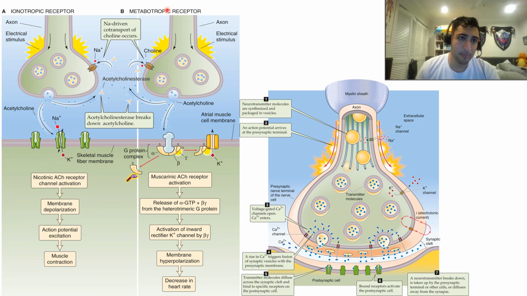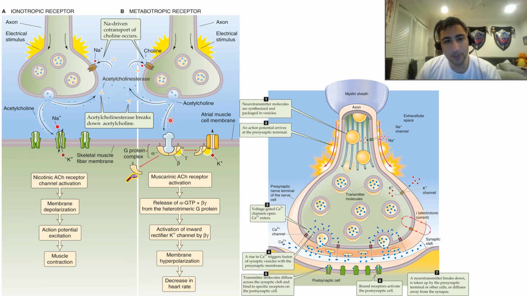Versus in a metabotropic receptor, you have your electric stimulus. The signal travels down the axon. You get release of the vesicle's contents into the synaptic cleft, and it binds to a receptor associated with a G protein complex, which leads to activation of the receptor. So it doesn't bind the complex.